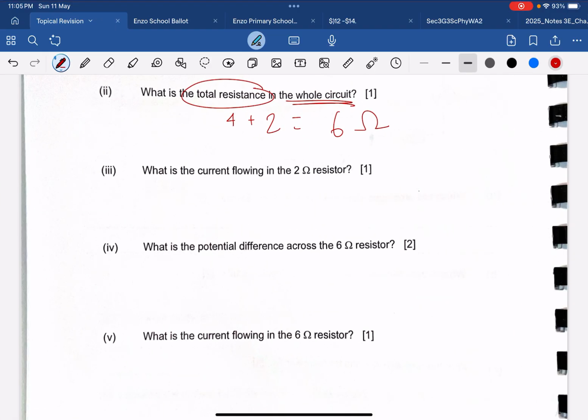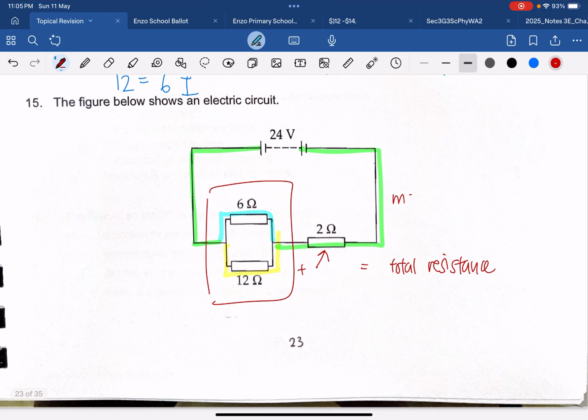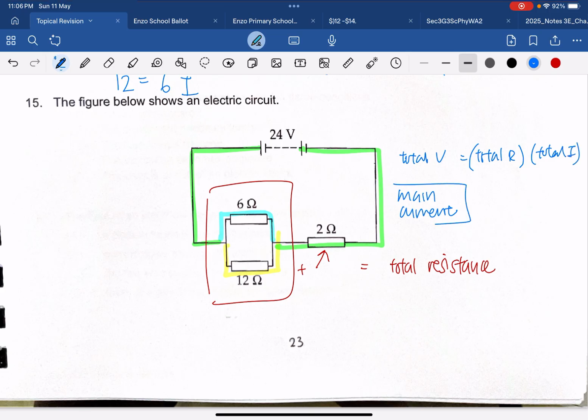What is the current flowing through the 2 ohm? Where is the 2 ohm? It is here, in my main circuit. Let's use a different color. This is my main current. To get the main current, I must use total V, total R, total I. So everything must be total.